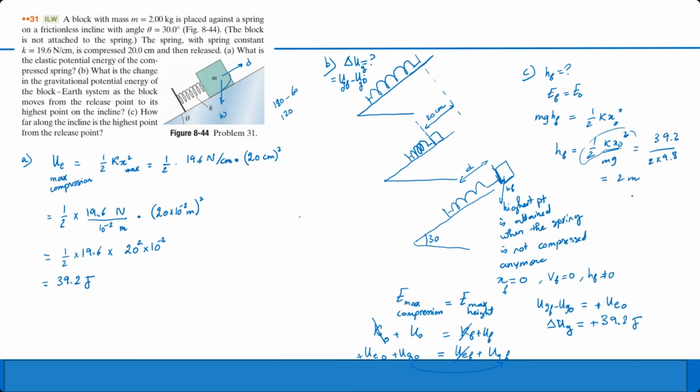So I found h final, but what I want is the distance. I can find it by studying the angle. Sine 30 is h final over d, so d is h final over sine 30. So I'll divide 2 by sine 30. I will get 4 meters. This is the distance covered by the block as it moves up the incline.